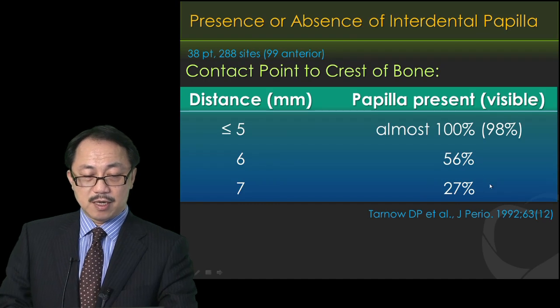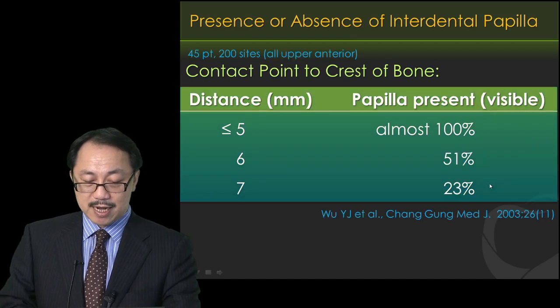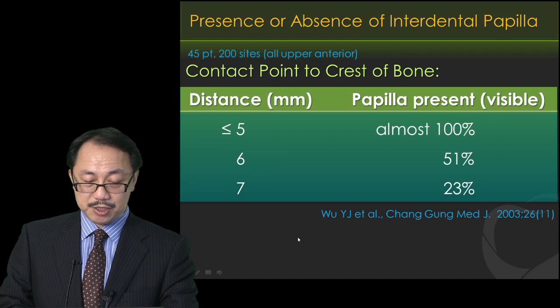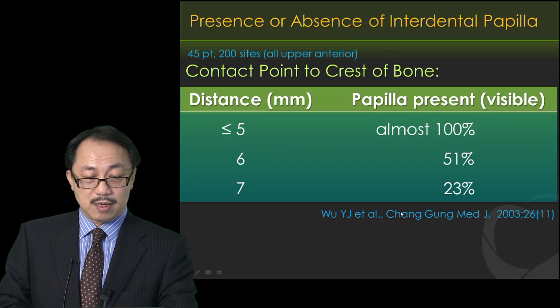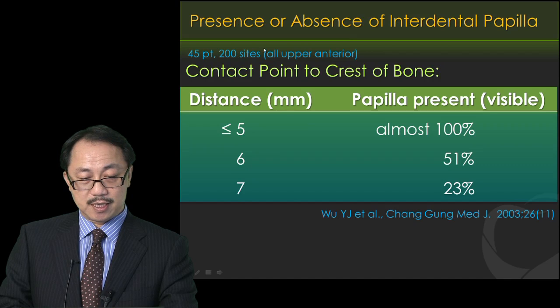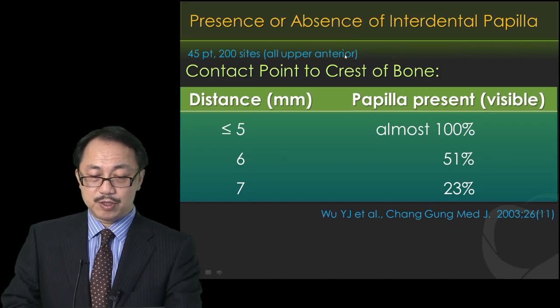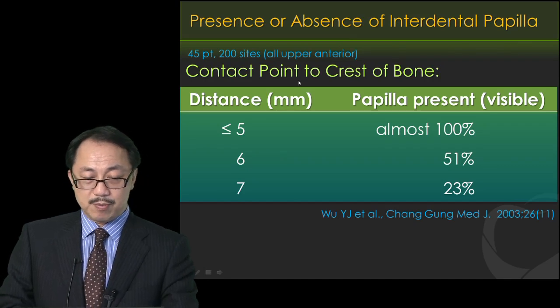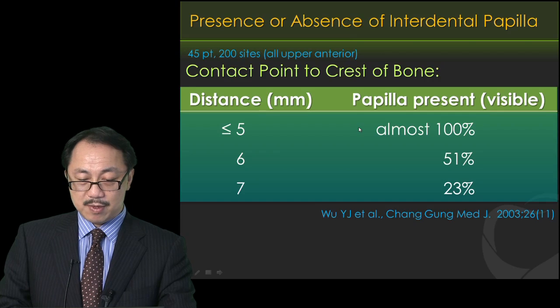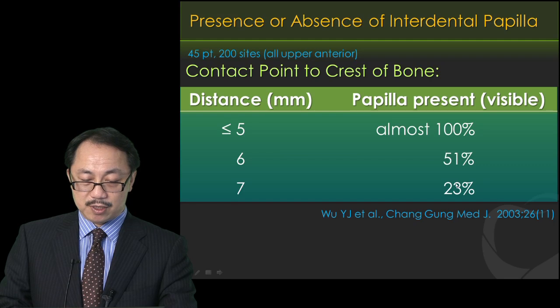The same study was repeated in a Chinese population, where 200 subjects were studied in the anterior region. The contact point to crest of bone distance was just about the same as that found by Tarnow. However, it was a little less at 7 millimeter papilla height, less than a quarter.